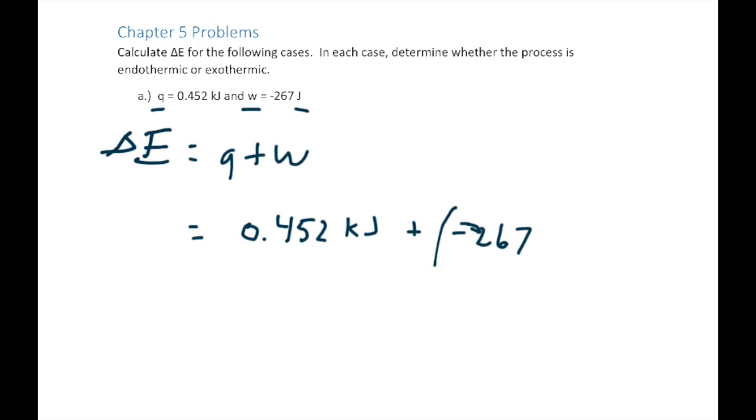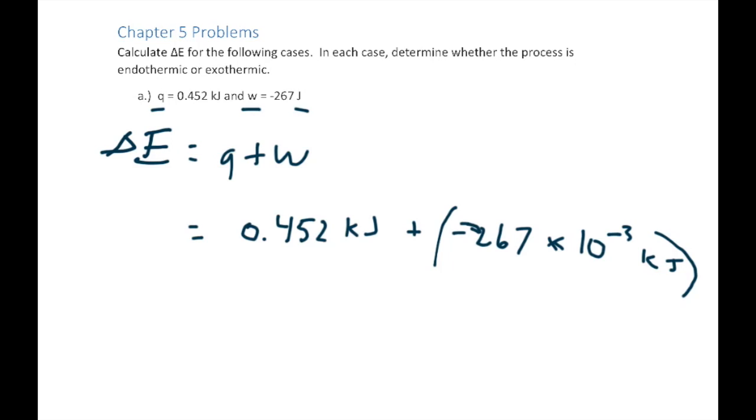So you could set up a unit conversion to convert joules to kilojoules, but what I like to do is just simply multiply by 10 to the negative third, and that will put our units into kilojoules. So that's kind of a nice fast way of getting units to be the same.